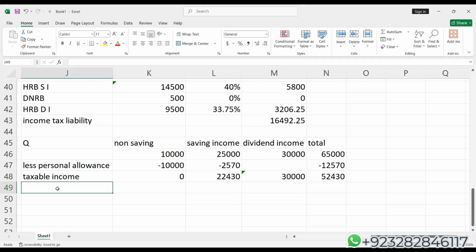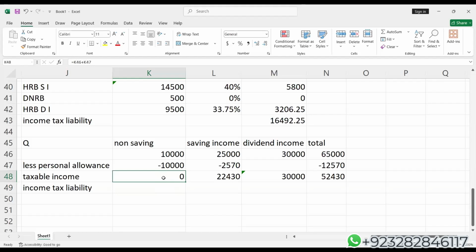Now we need to calculate income tax liability. But a very interesting fact: if you look at the column of non-saving income, taxable income in the column of non-saving is actually zero.